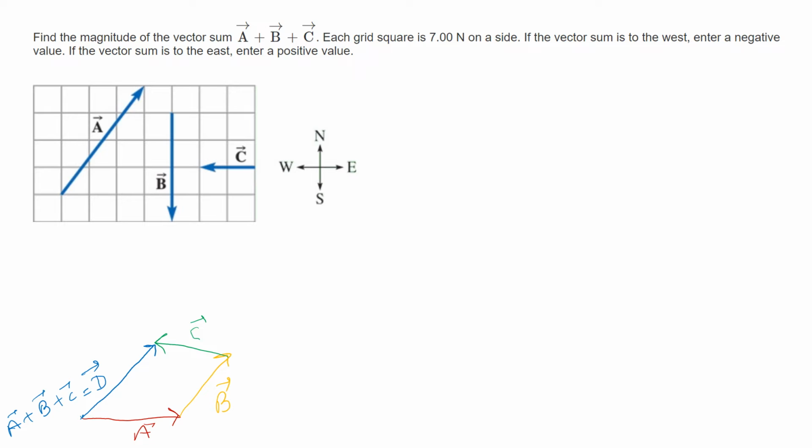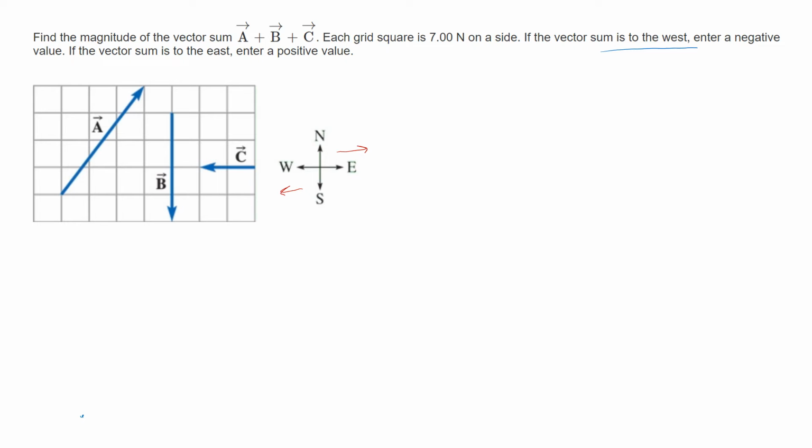So now we'll come to this given problem, where we have three vectors given to us, A, B, C, on this grid which is 7 Newton. And the sign convention is also given to us: if the vector is to the west, going in this direction, we take it as negative, and if it is going to the east direction, we take it as positive.